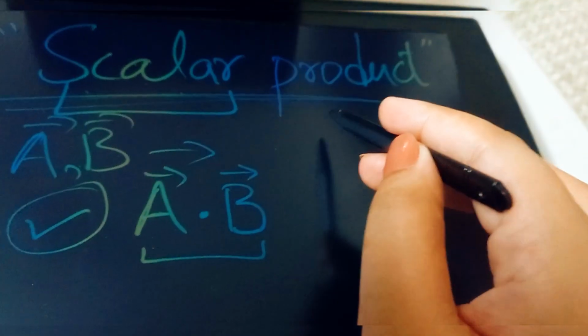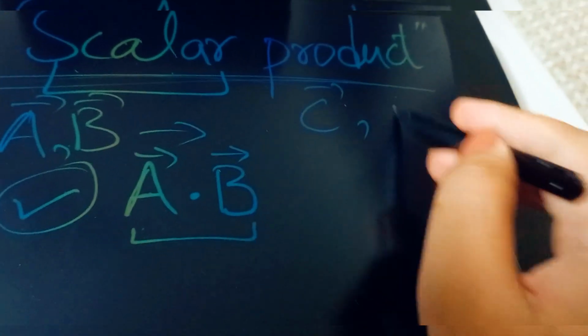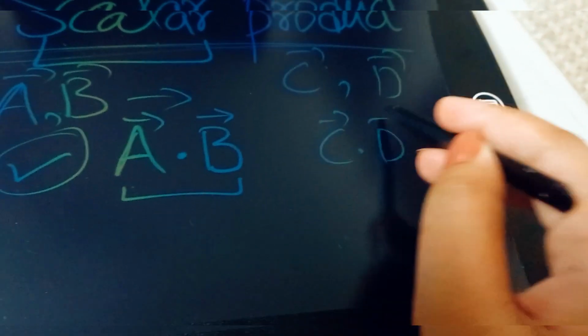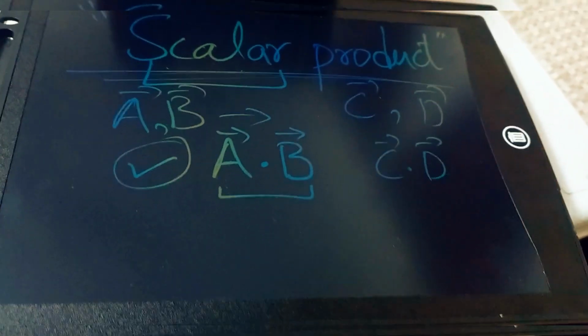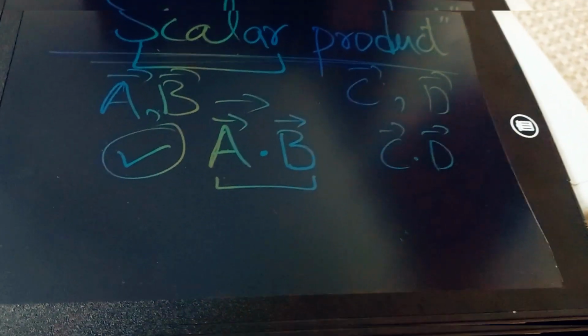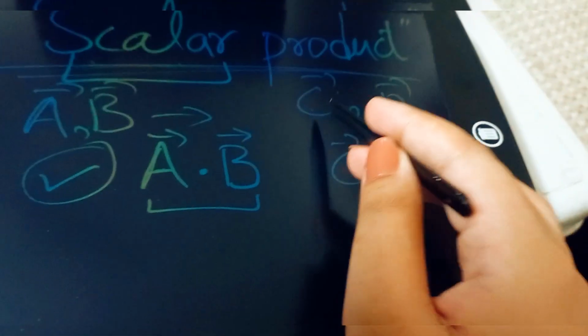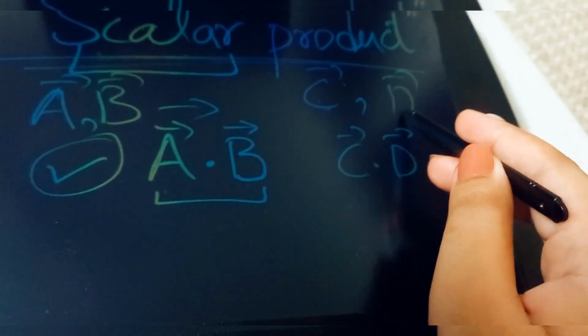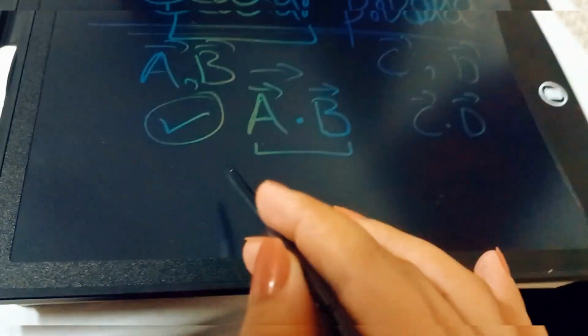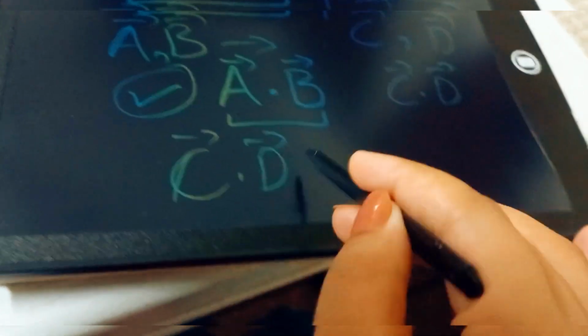For example, if you want to find the scalar product of vectors C and D, how will you write it? It's like C dot D. And in scalar product, the order of vectors doesn't matter. If you are confused whether to write C first or D first, that doesn't matter, because in scalar product order doesn't matter.